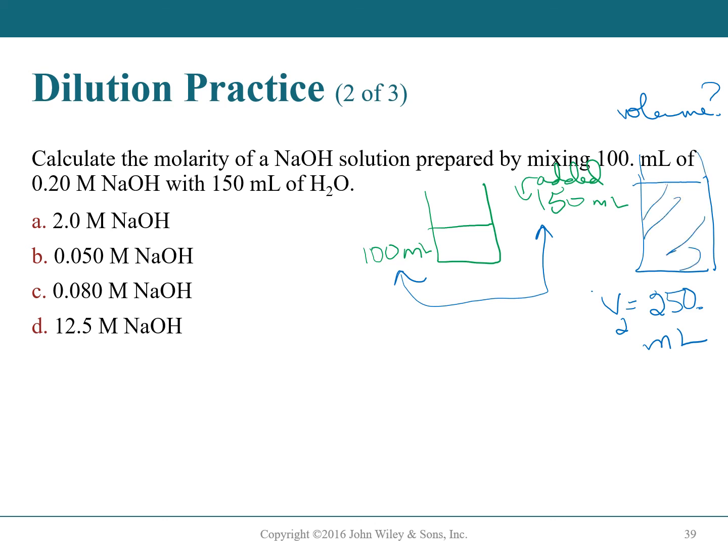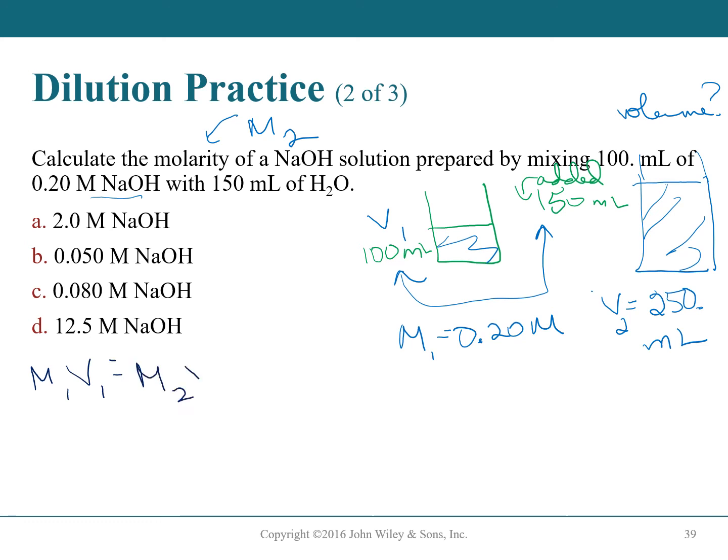Now that we have our V2, we know this is V1. This is associated with the 100 milliliters, so M1 is equal to 0.20 molar. We're looking for M2. Let's use the equation M1 V1 is equal to M2 V2.